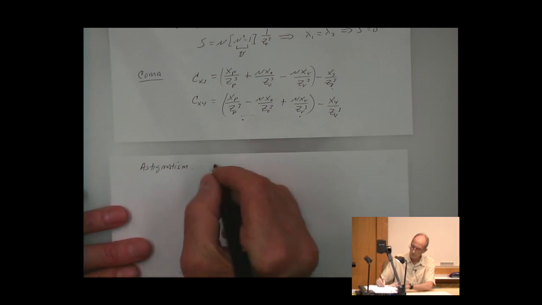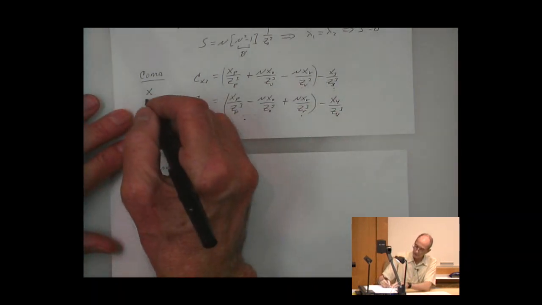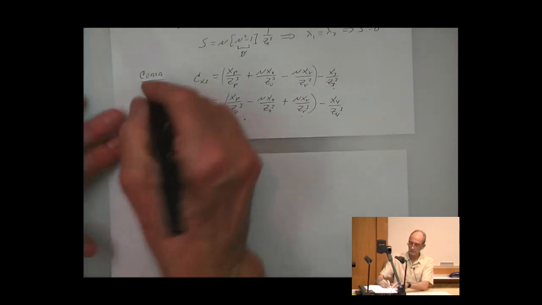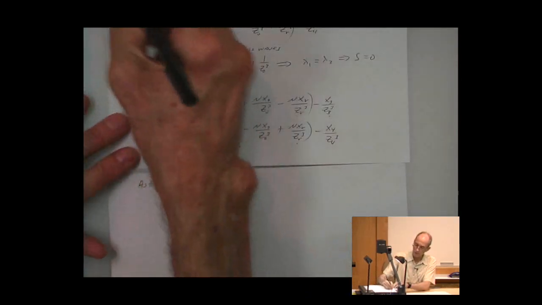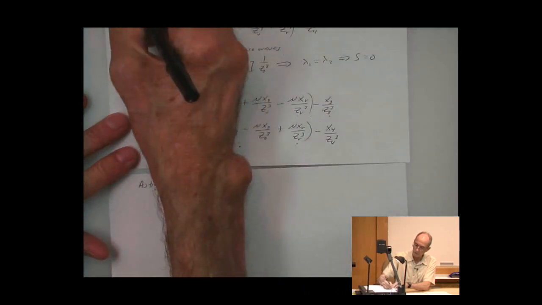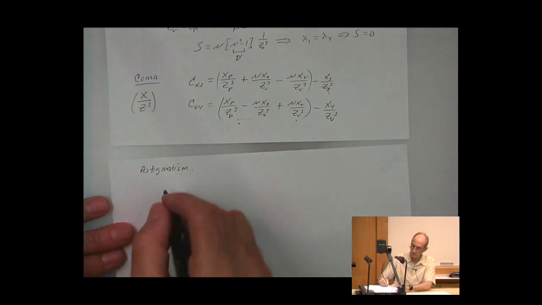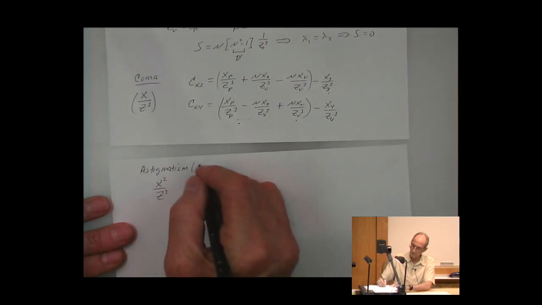these are going to be functionally, so notice here the coma is dependent on an x over z cubed kind of dependence. The spherical is on 1 over z cubed. Astigmatism is x squared over z cubed, as is the field curvature.